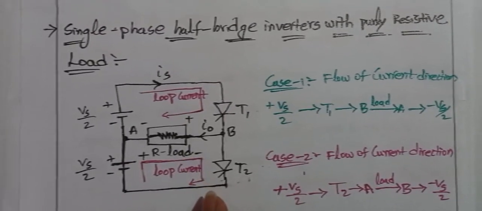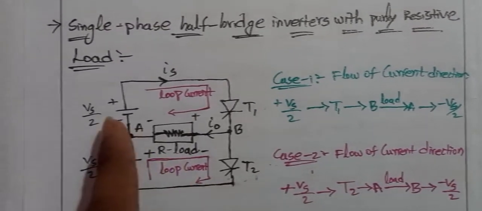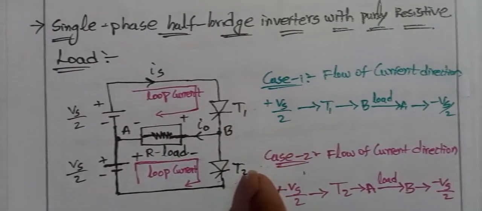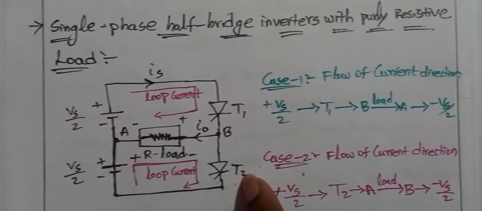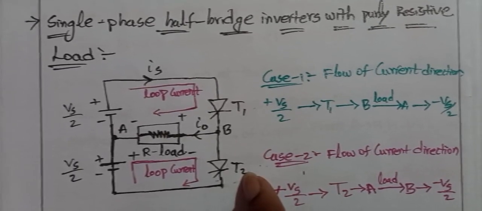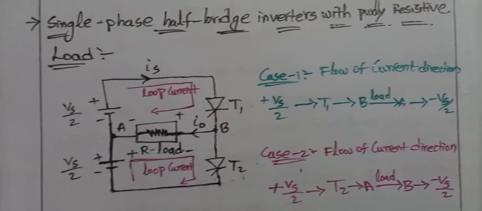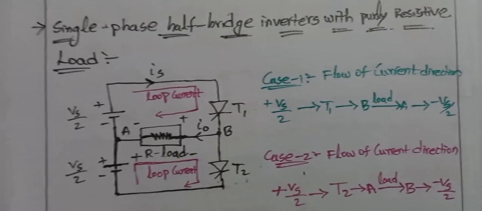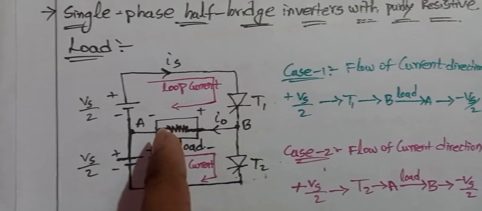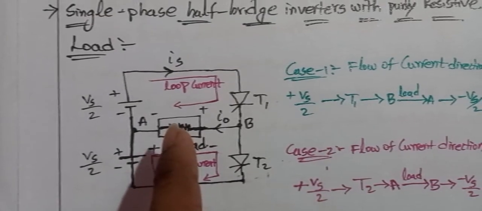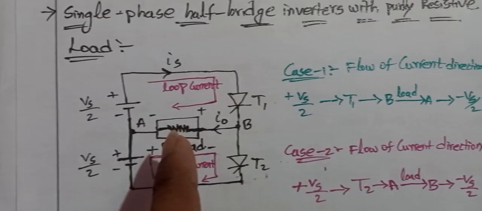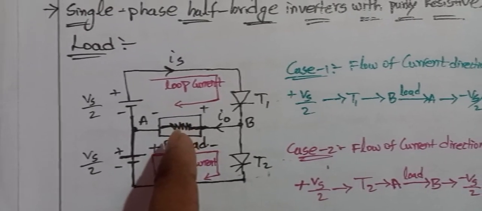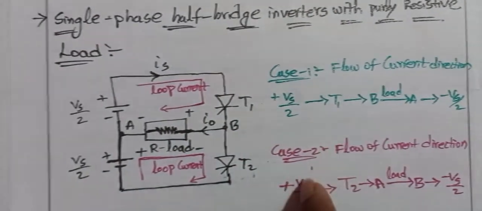One more important point: this is a purely resistive load. That's why we have taken only T1 and T2 thyristors. There is no need of any diodes here. In RL load and RLC load we need two diodes, because the inductor will not allow a sudden change of current, so the current must be allowed to flow through the diodes.